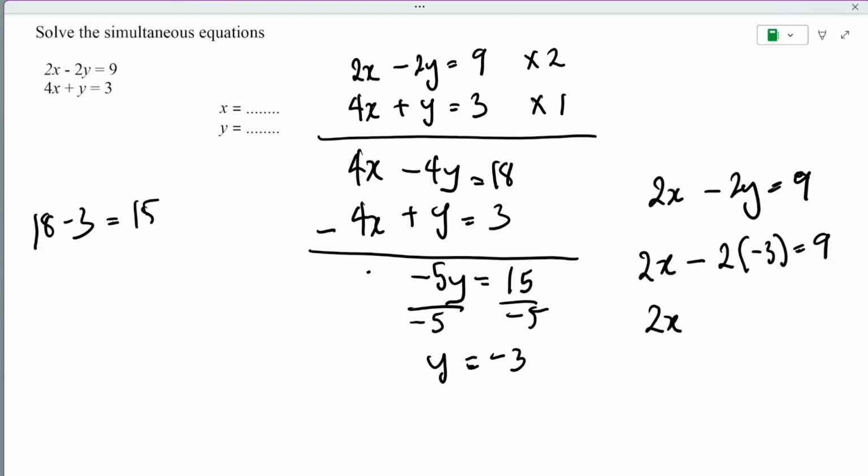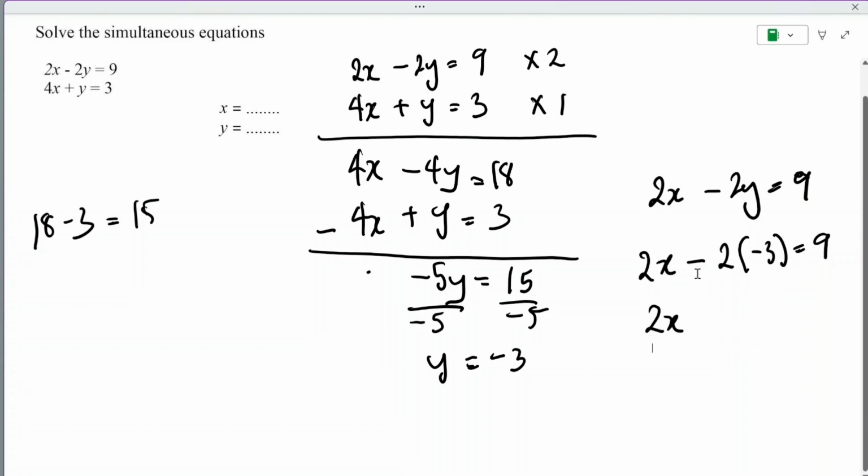You have 2x. You should know that a number owns the negative or the positive sign in front of it. So this 2 owns this negative and this 3 owns this negative, and you are multiplying. You don't just say minus 3 times 2 and get minus 6. No. That's where some students will get this wrong. So you have to be very careful with this.